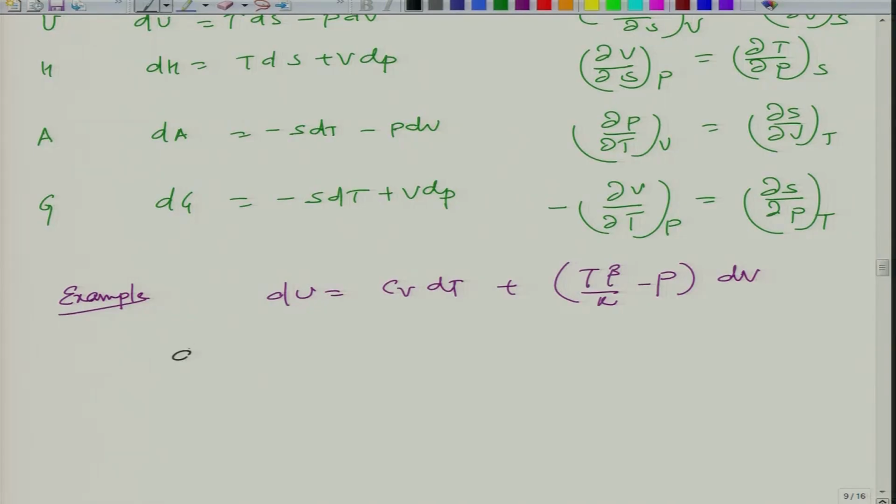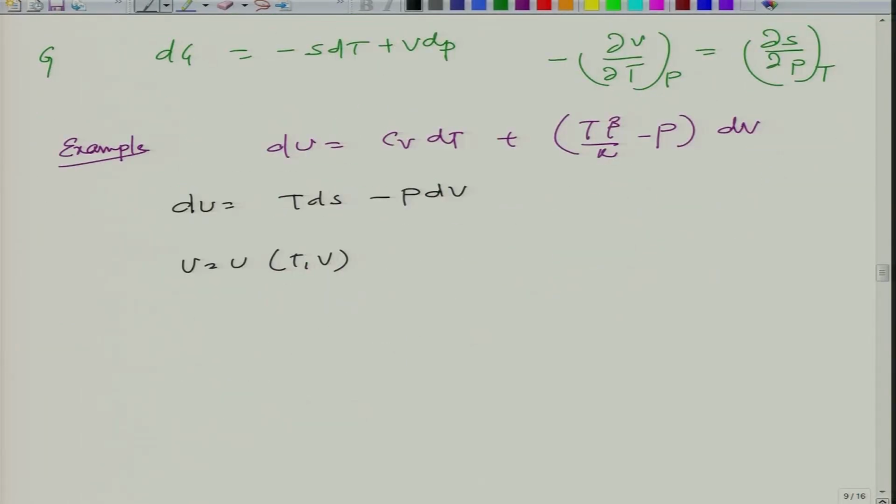So, let us start with dU = T dS − P dV. In this case, U is given as a function of the independent variables T and V. So, I can write dU = (∂U/∂T) at constant V dT + (∂U/∂V) at constant T dV.